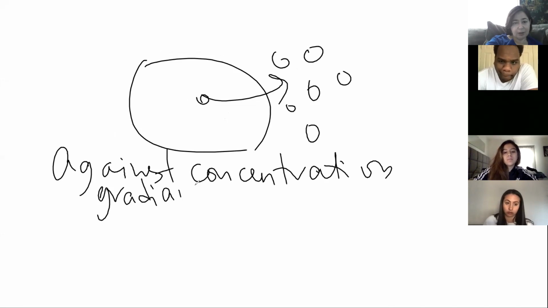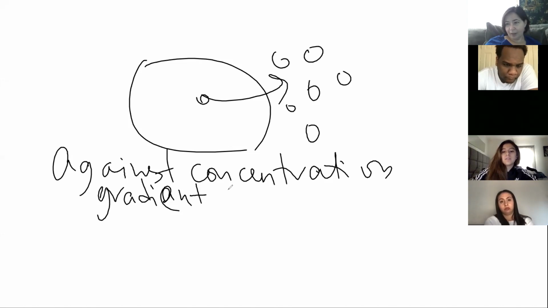Since it's against the concentration gradient, diffusion is not going to work. Let me give you an example. There is a club at the end of the day. Everybody left, and you have a few people who don't want to leave. How are you going to make them leave?